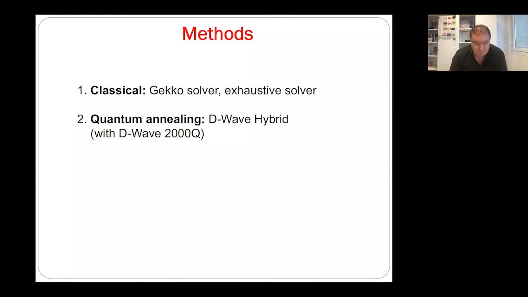But it's quite nice, and it allows you to solve problems of much larger size than what you would be able to do with only the quantum processor itself. Okay. In particular, we used the latest available D-Wave processor, 2000Q. There should be an E1 coming soon, but we didn't use that.